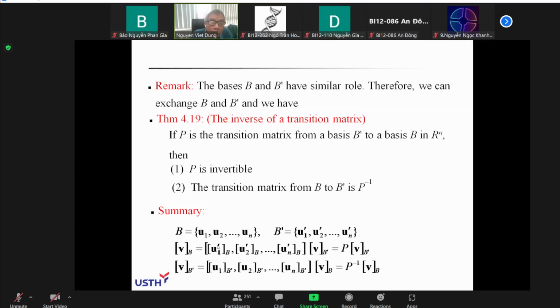Or if we exchange the role of B and B prime, then the coordinate of V relative to B prime will be P inverse multiplied by the coordinate of V relative to B. So that is what I summarize of the two slides.